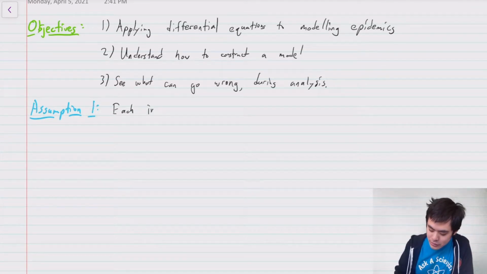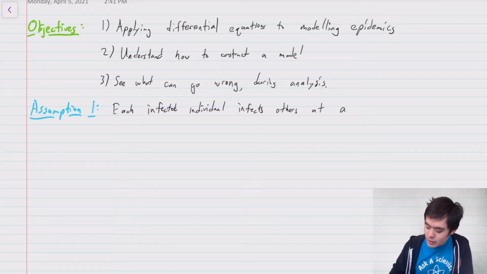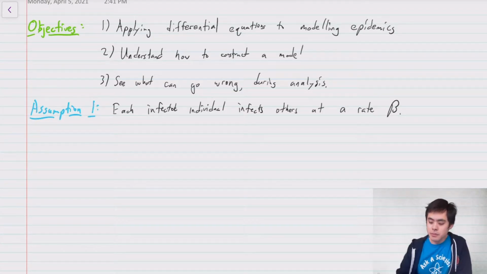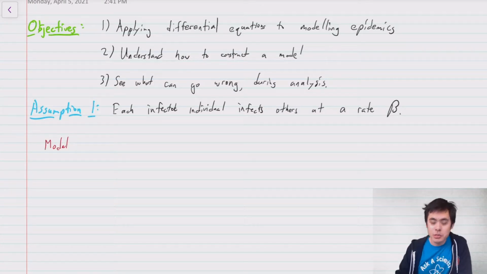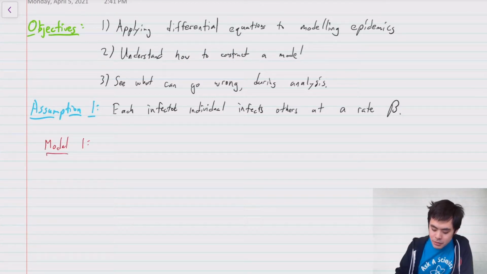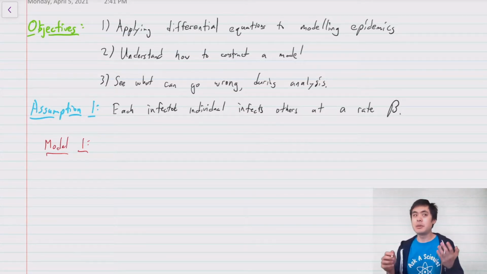So each infected individual infects others at a rate beta. Okay, so this gives us our first super simple model of epidemics, which is going to have a number of issues, but let's start with it and see what happens.